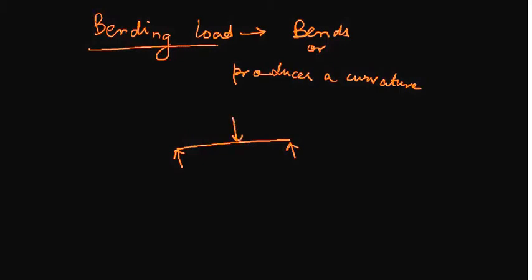If we name it, this is support 1, this is support 2, and this is your load. So when you have such a structure and the structure is supported at its two extreme ends and is loaded at the middle of the length, then this structure would tend to bend like this.